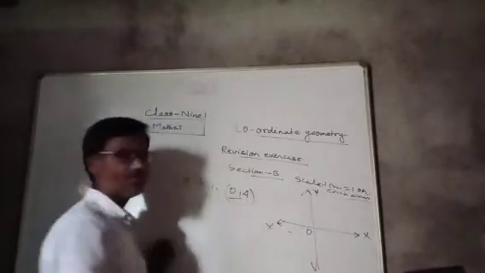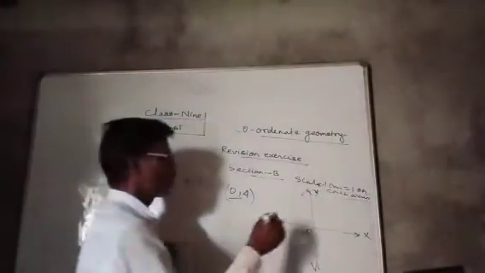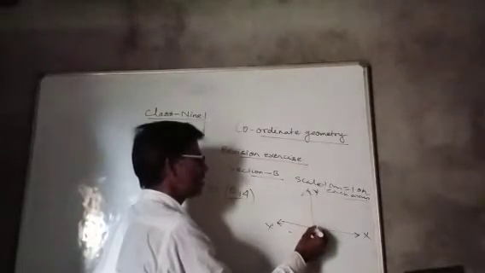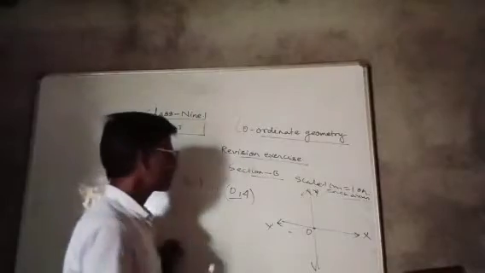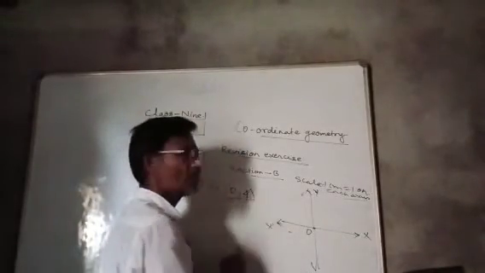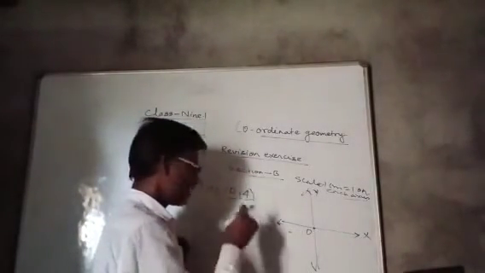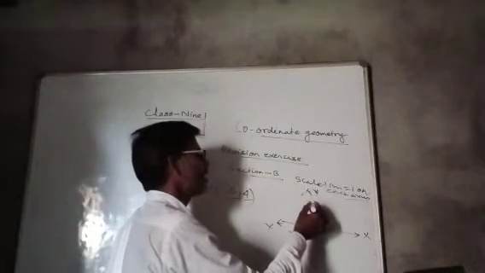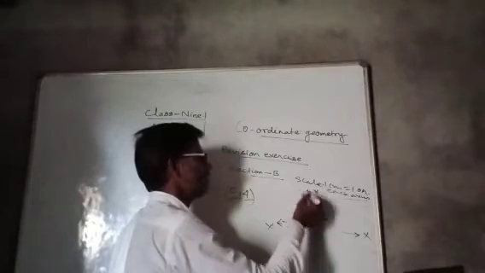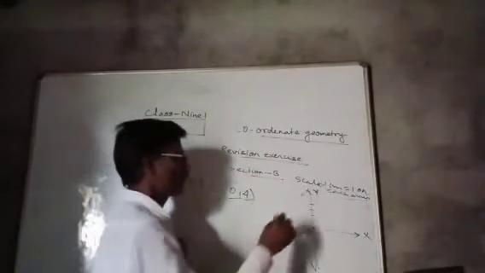So x is 0; the abscissa is 0, the x coordinate is 0. X is 0 at the origin, the point of intersection of the two axes. After that, the ordinate is 4. It's positive. So we have to go 4 units along the y-axis, just above the origin.